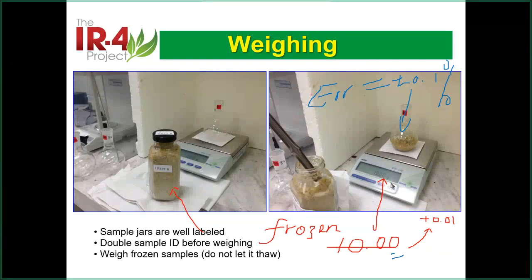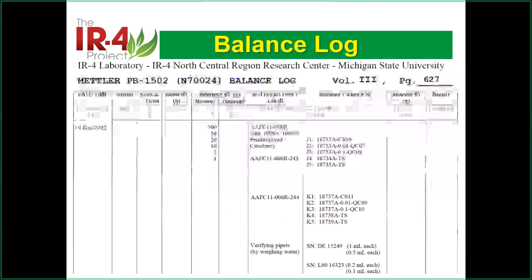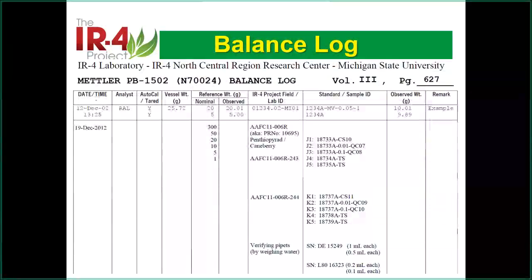So let's look at what Michael said. Show the balance log, show your work, and I will show you my work. Okay, this is my work. For example, before you do that, you know exactly what you want to do, so you can print this page out. So you know the date you're going to do the work, and you're going to check the balance.